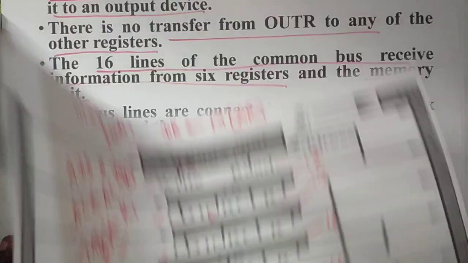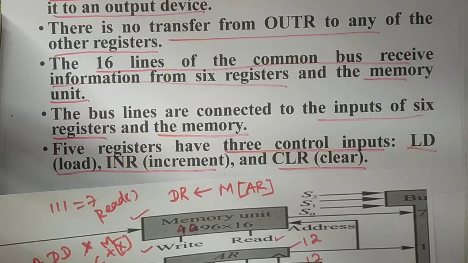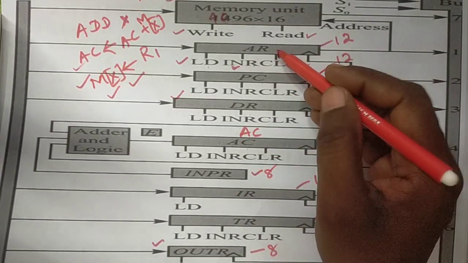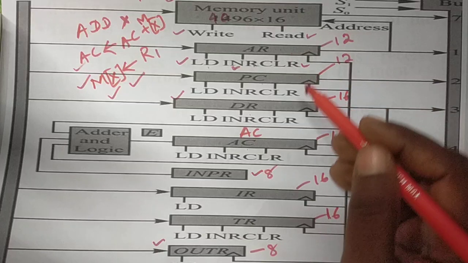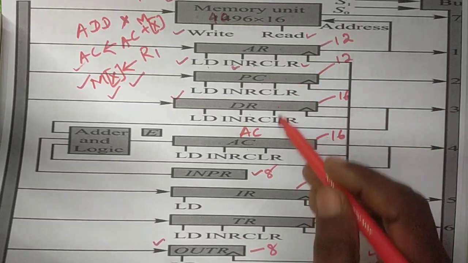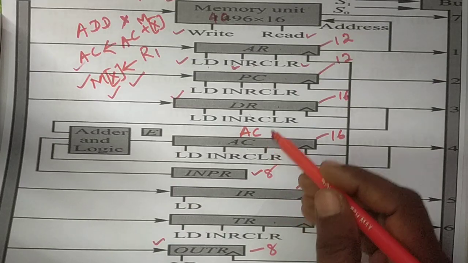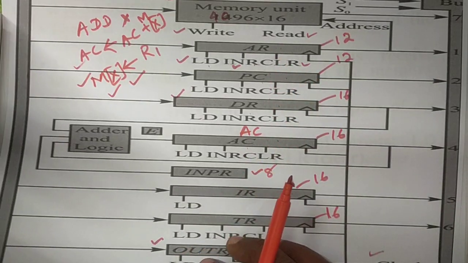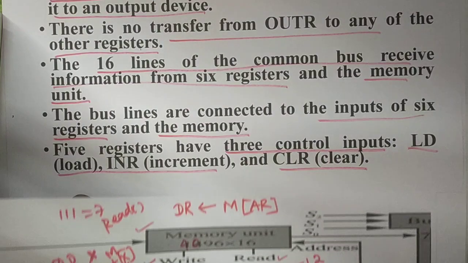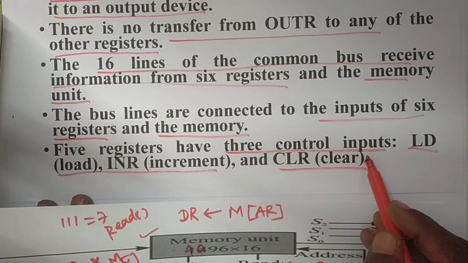These are the address register, PC register, DR register, accumulator and TR register. 1, 2, 3, 4, 5. So 5 registers have 3 control inputs.